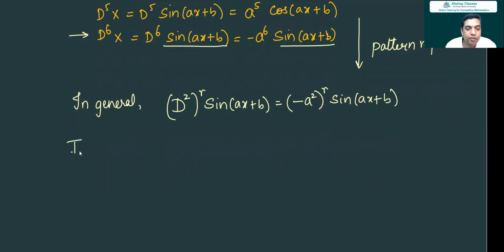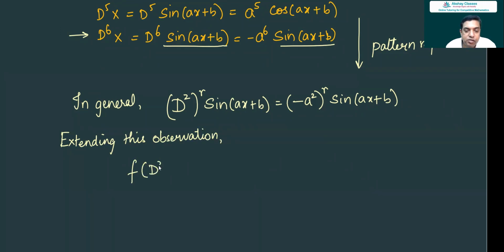So now, extending this, if in the given function we have all functions of d square operating on sine ax plus b, instead of d square, you just have to replace minus a square, and whatever it is, it will replace ax plus b.